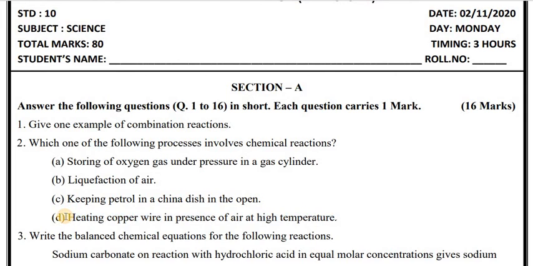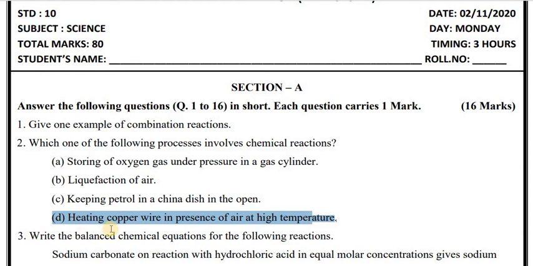The fourth option is heating a copper wire in the presence of air at high temperature. So the answer is D, because if you heat copper in the presence of air, then copper oxide is formed.